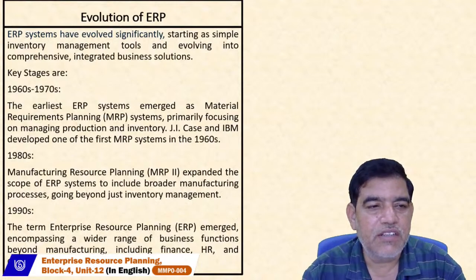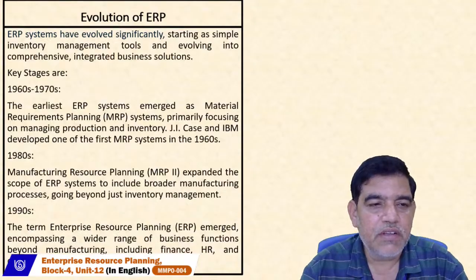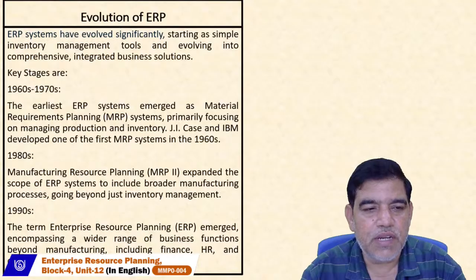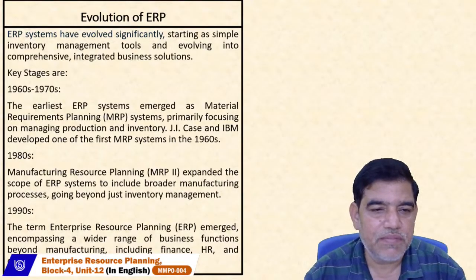So in between the 1960s and 70s, the ERP system was known as MRP 1, and it stands for Material Requirement Planning, and its main focus was to manage the production and inventory.